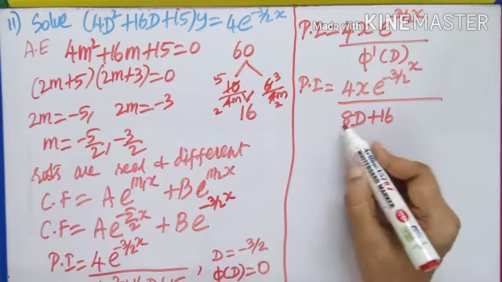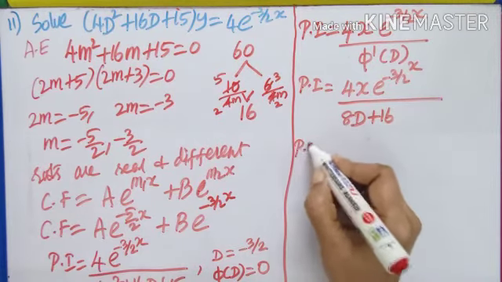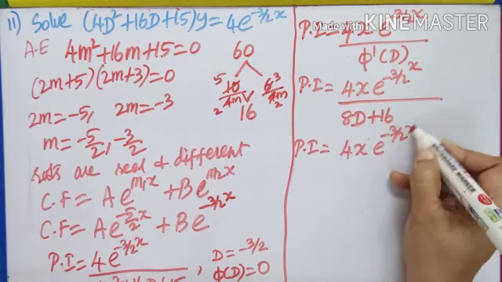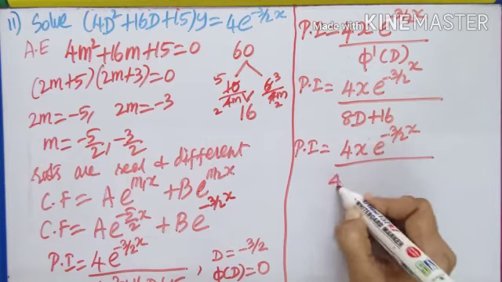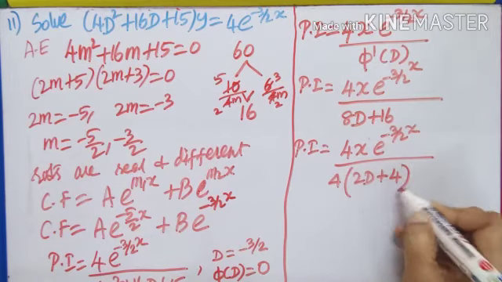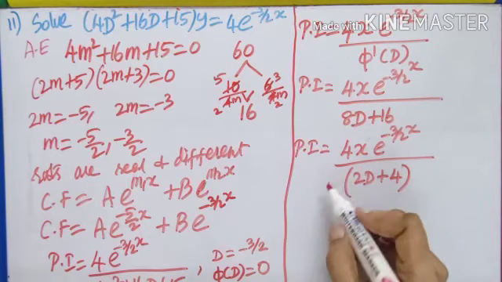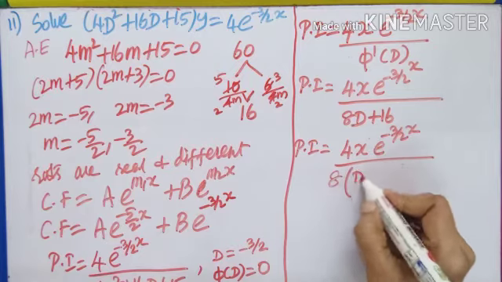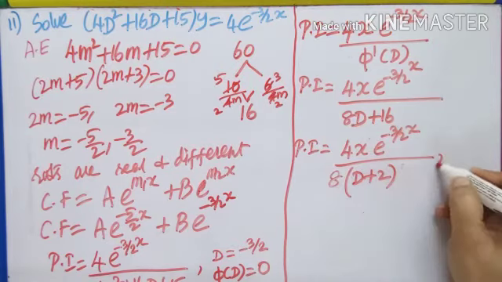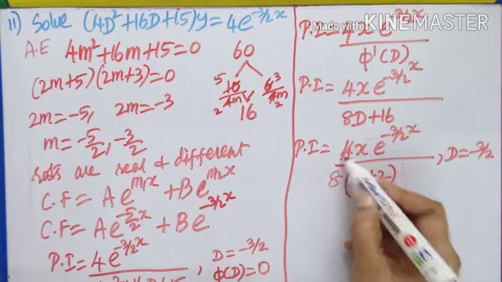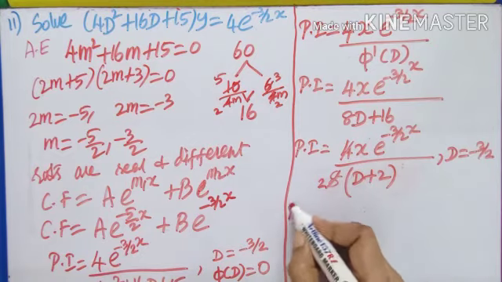Now again I can take 4 as common. So 4x e power minus 3 by 2 x divided by 4 common, it is 2D plus 4. Or even I can take 8 as common, it is D plus 2. Wherever D comes, I must put minus 3 by 2. I can cancel this also.